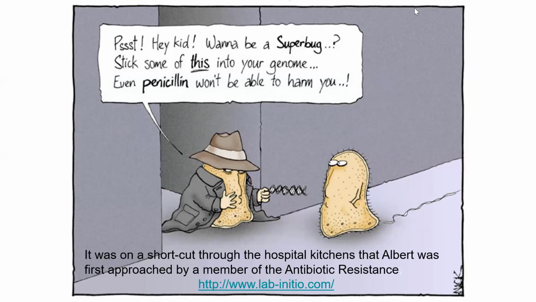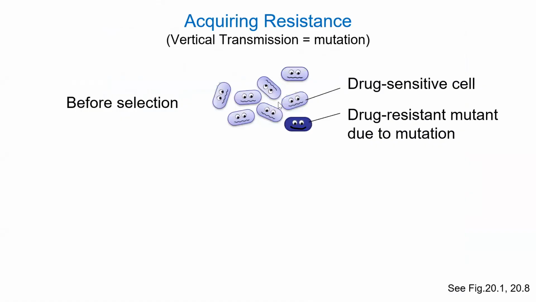So this is actually a pretty good lesson. There's a lot of stuff packed in here. And this is really much more important than the mechanisms of resistance, as to how they have become resistant. So let's take a look at this. There are actually two main mechanisms. In biology terms, we call them vertical and horizontal transmission.